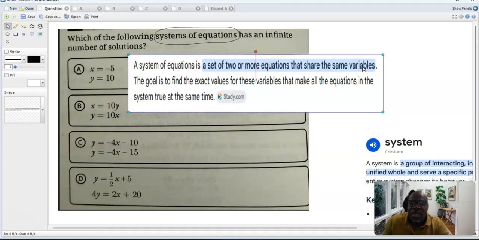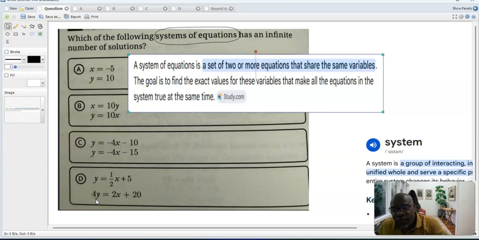But what do they mean by true at the same time, or an equation being true? An equation being true simply means, for example, let's look at the one in D. If we put a value 0 for x, then half times 0 gives you 0, therefore making y equal 5. So y is equal to 5.